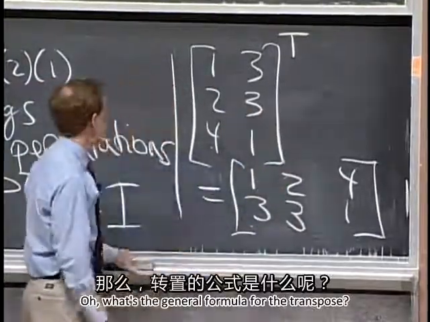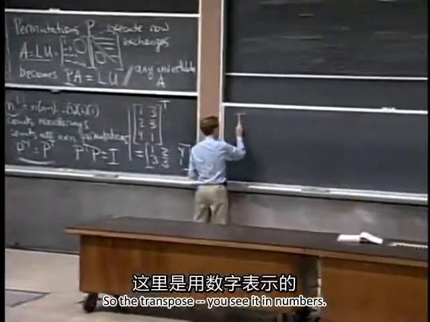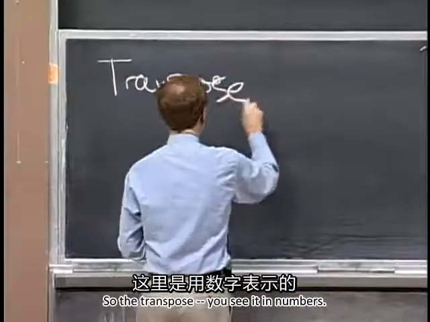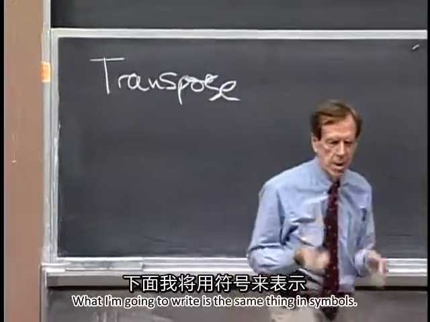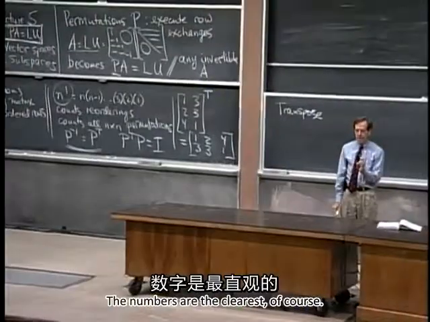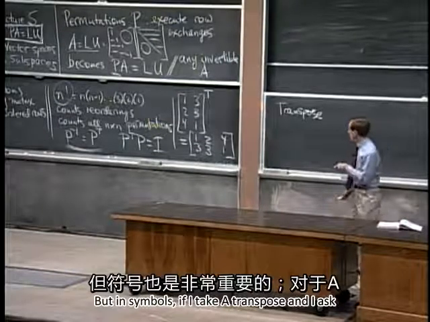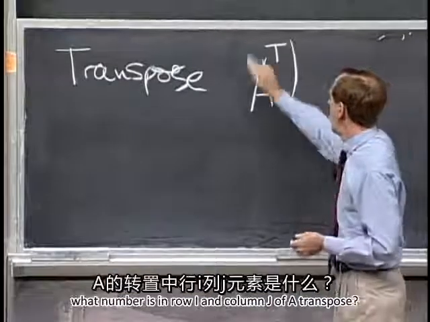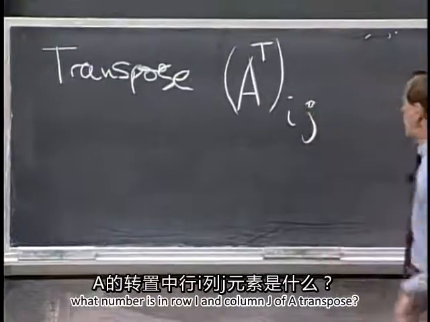Oh, what's the general formula for the transpose? You see it in numbers. What I'm going to write is the same thing in symbols. The numbers are the clearest, of course. But in symbols, if I take A transpose, and I ask what number is in row I and column J of A transpose?